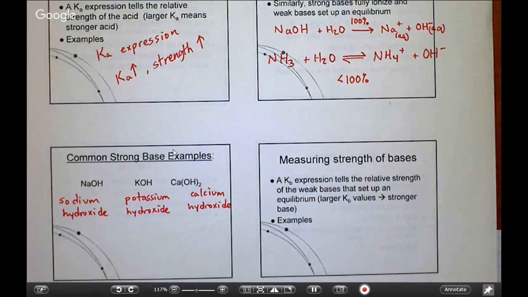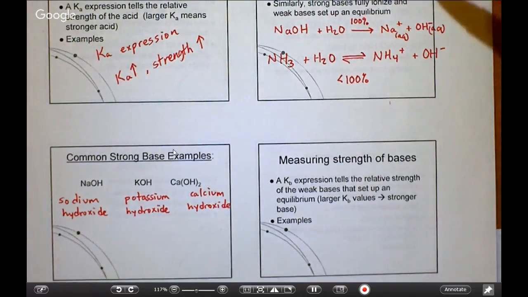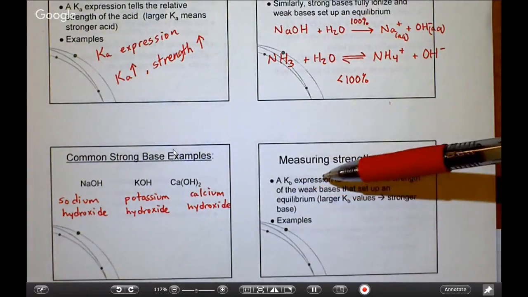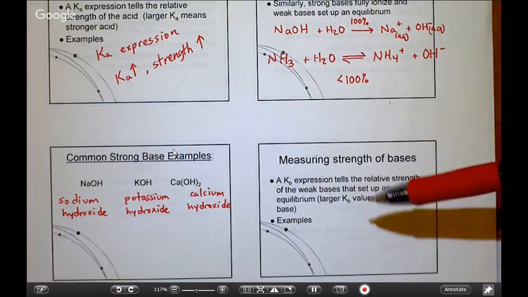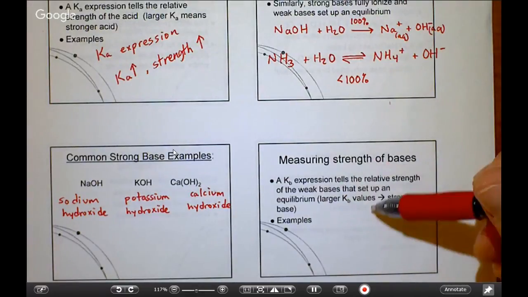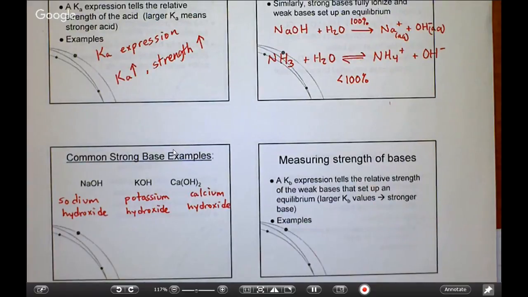All right. So we just looked at strong bases. Now, in terms of weak bases, to measure the strength of bases, a KB expression tells the relative strength of the weak base that's set up in equilibrium. And just like acids, the bigger the KB value, the stronger the base will be. But even if we have a large KB value, realize that we're still going to be a weak base.